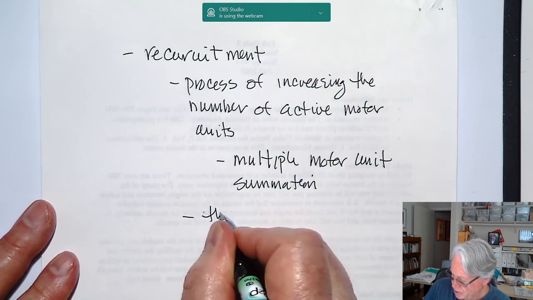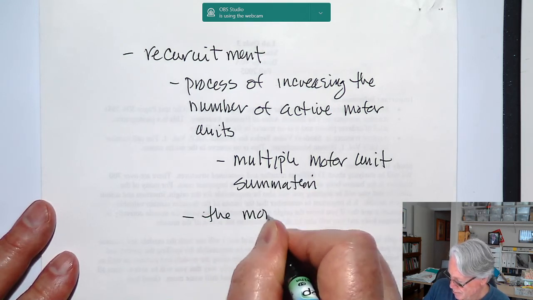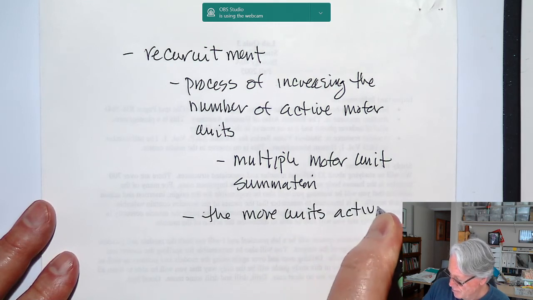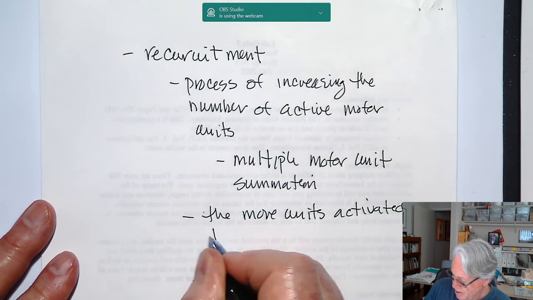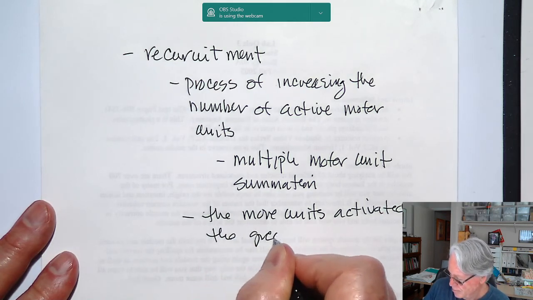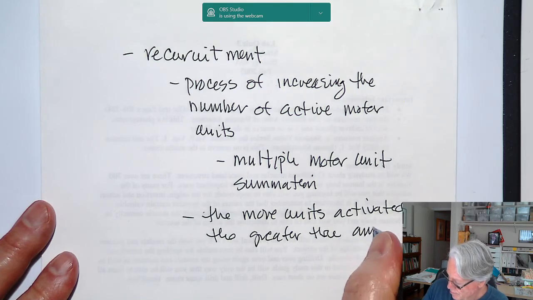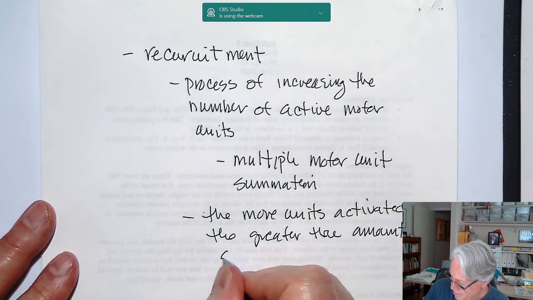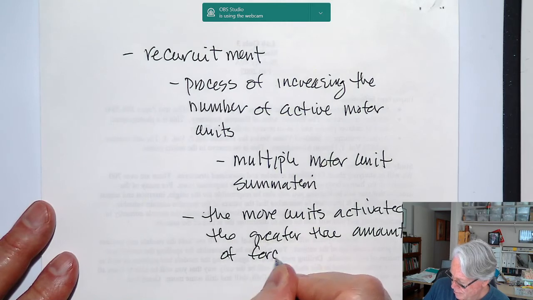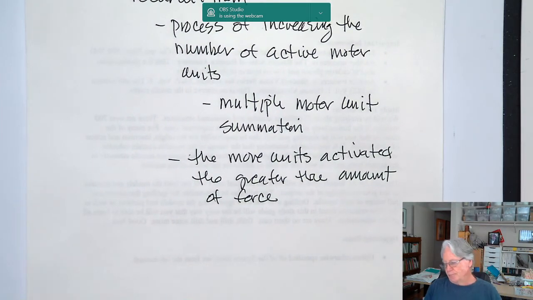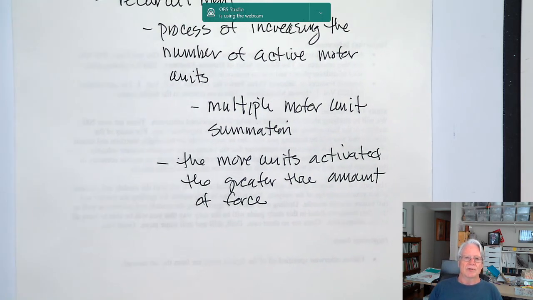The more motor units activated, the greater the amount of force. Very simple idea. The more motor units you activate, the stronger the force of contraction.